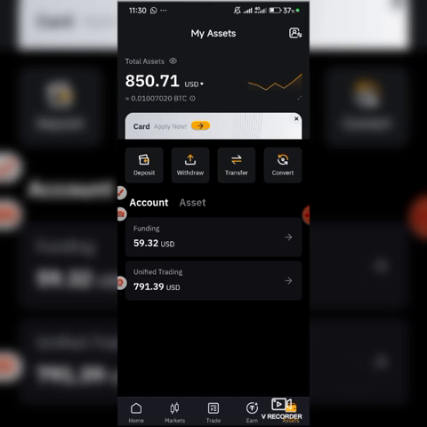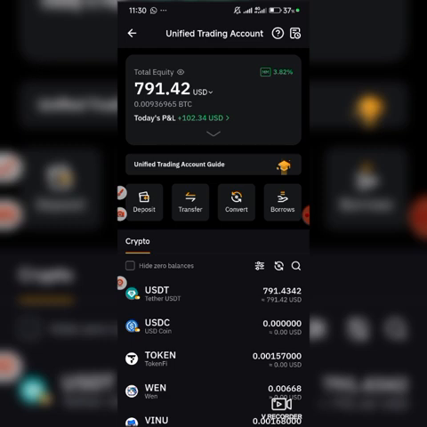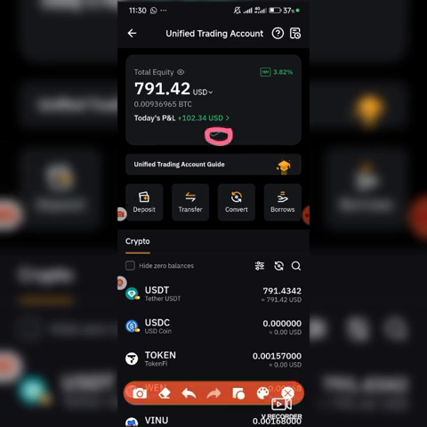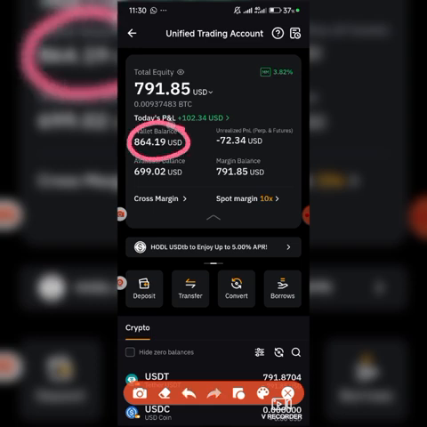So if I come to my unified trading here, I'll just click this arrow. Now you can see the arrow has come up. You can see my wallet balance, like I showed you, is $864.19 USD, right?